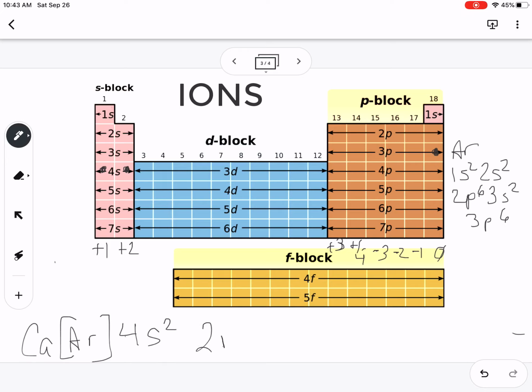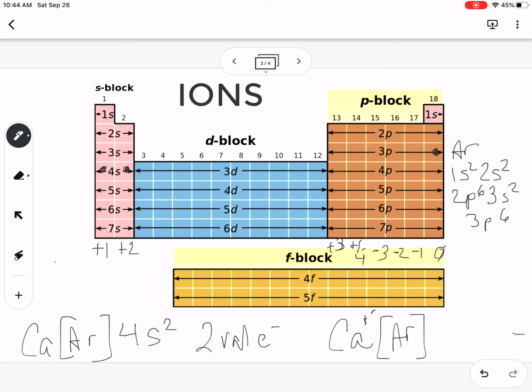So I know I have 2 valence electrons. I also know that calcium is a +2, which means it wants to get rid of those 2 valence electrons. So when I change it to its ion, I am just going to have argon left over. Now I can't just write argon like that. You always have to write something else after it.